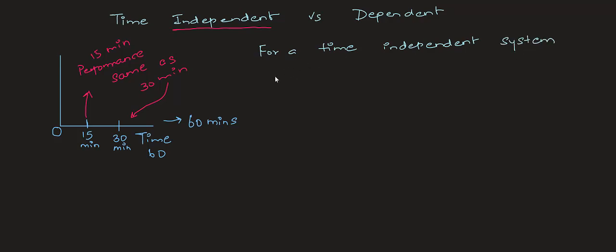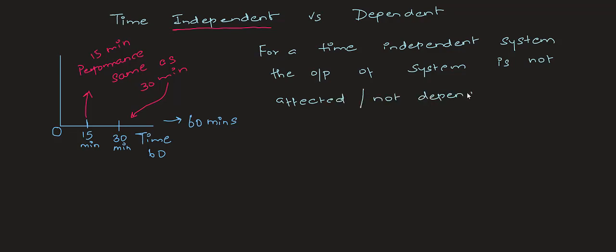So for a time independent system, the output is not affected with change in time when the system is operated.